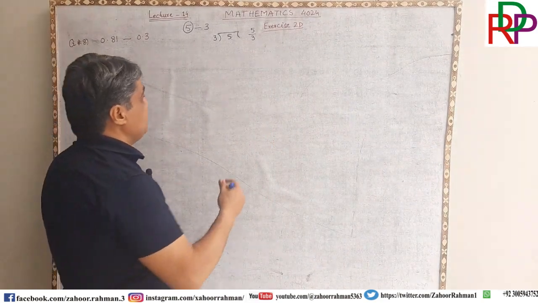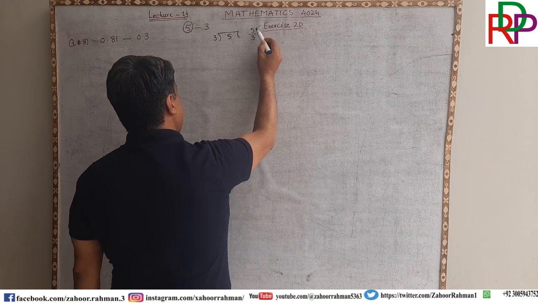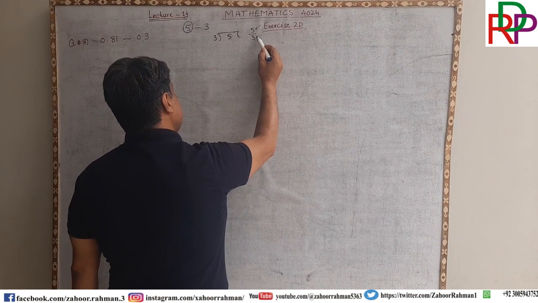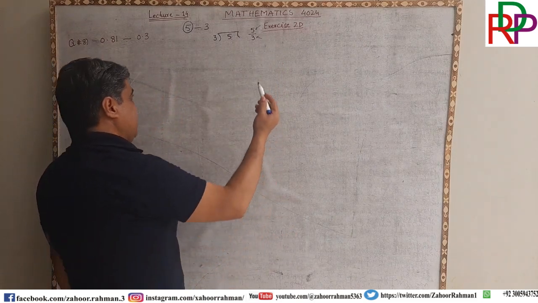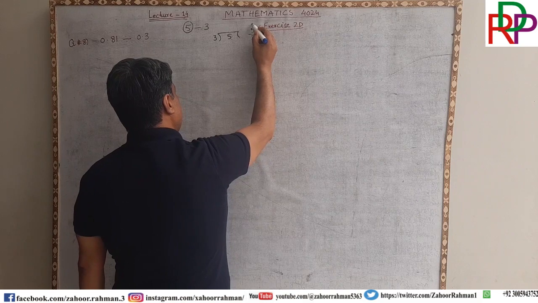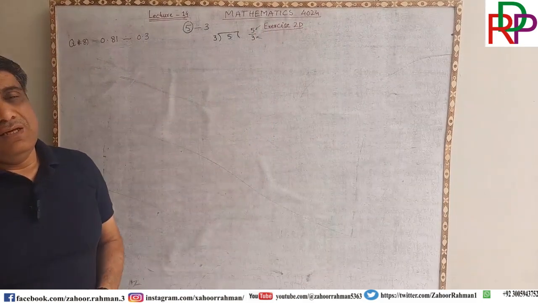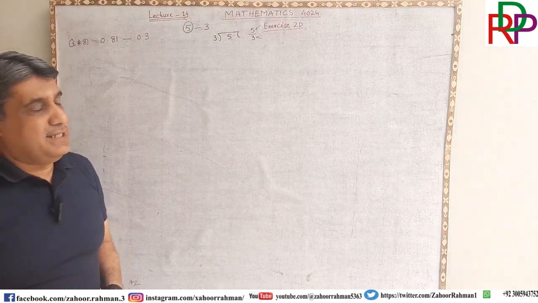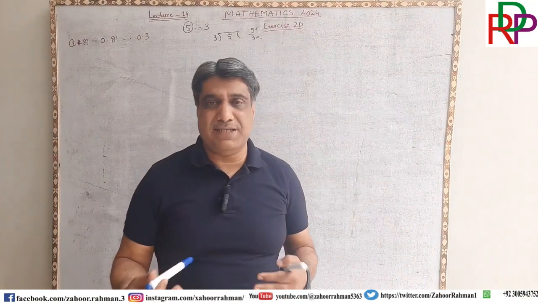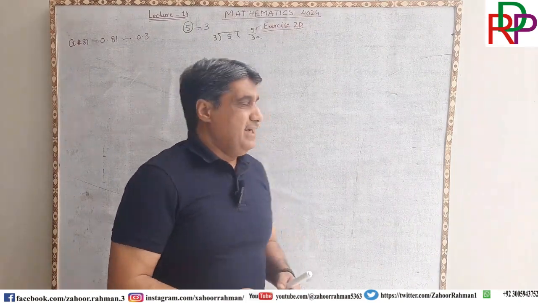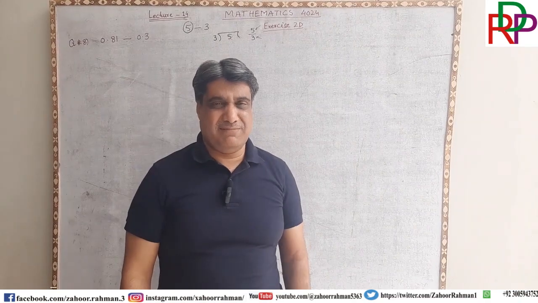It means you have to divide this many items among this many people. For example, if we have 5 mangoes and want to divide them among 3 people, how much will each person get? That is the main motto of this.